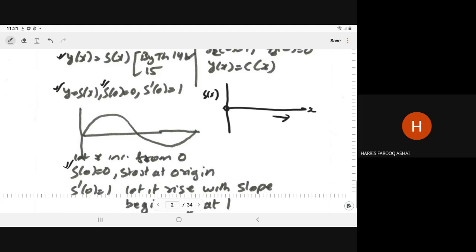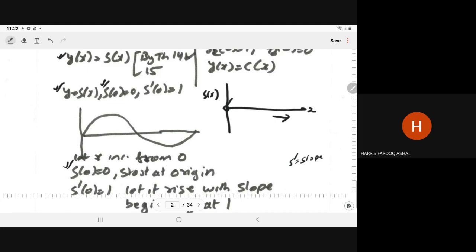Now, s dash 0 is equal to 1. S dash means slope. Slope at x is equal to 0 is 1. If it is 1, meaning positive, it means it increases.